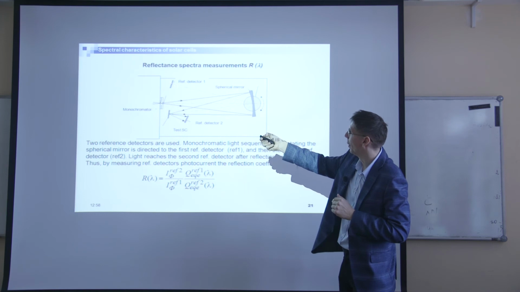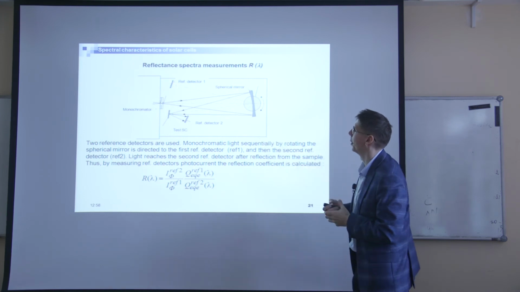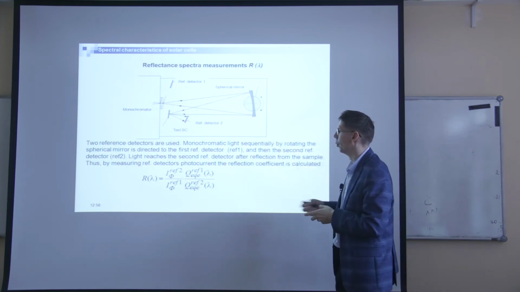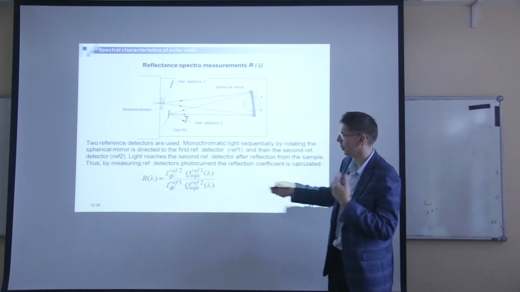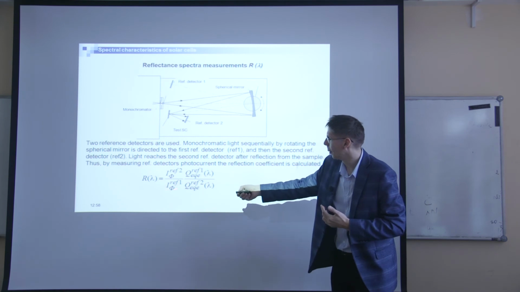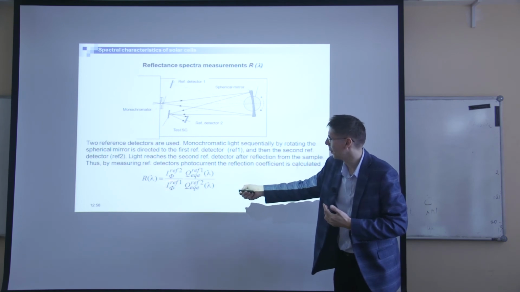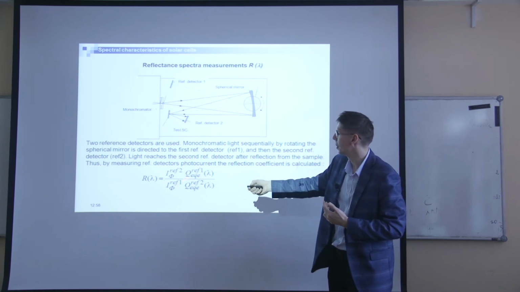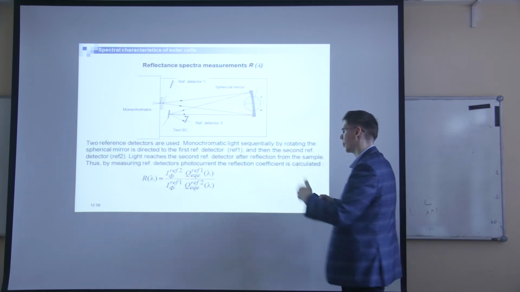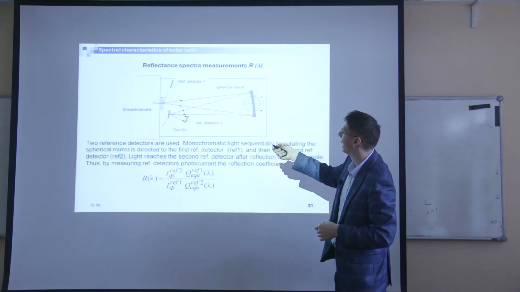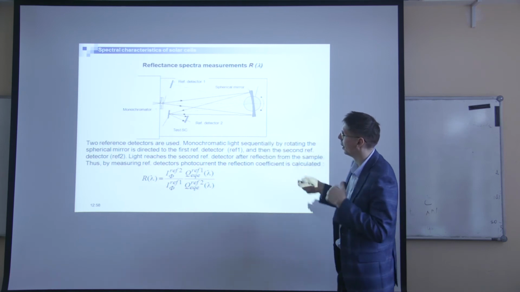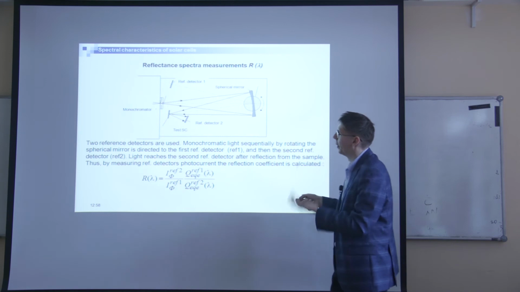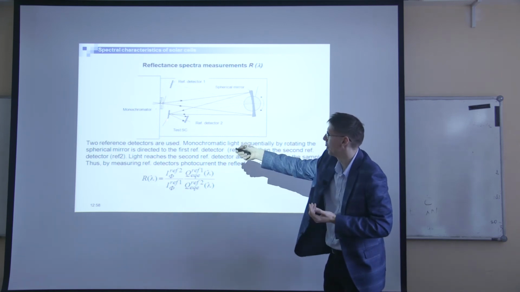You can put the light on reference detector 1 just to know the intensity of your light. To know the intensity, you divide the current of the photodetector by the quantum efficiency, and compare with the signal you measure from the surface of the solar cell.